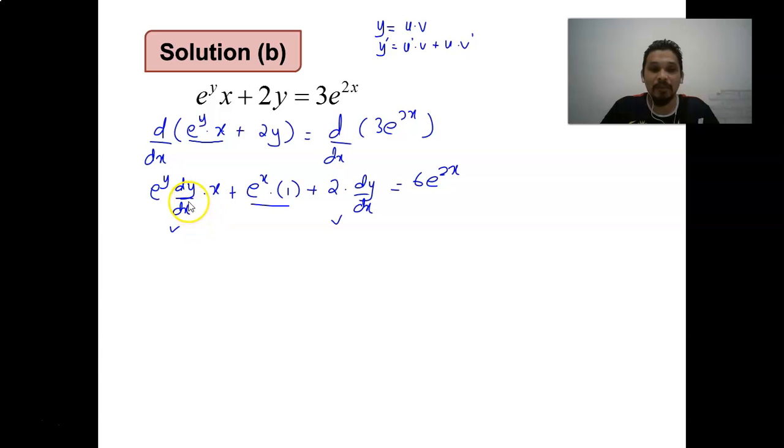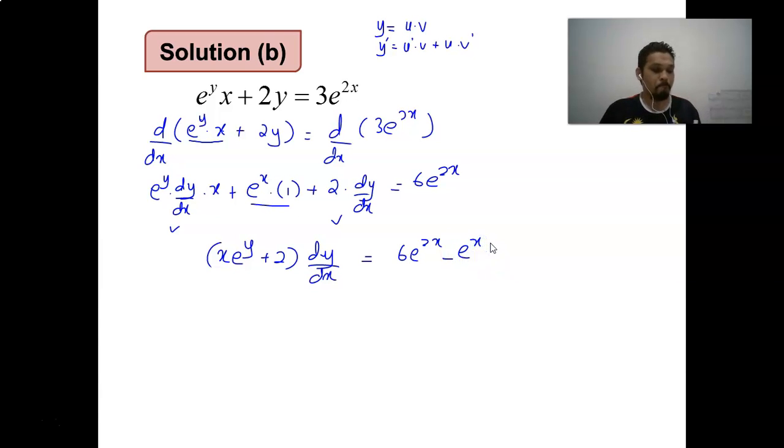So we factorize this: x e power of y plus 2, dy dx equal to 6e power of 2x minus e to the power of x.